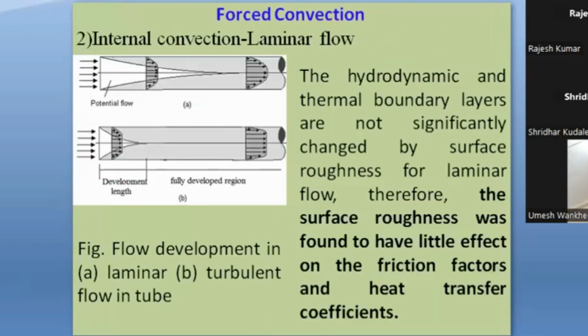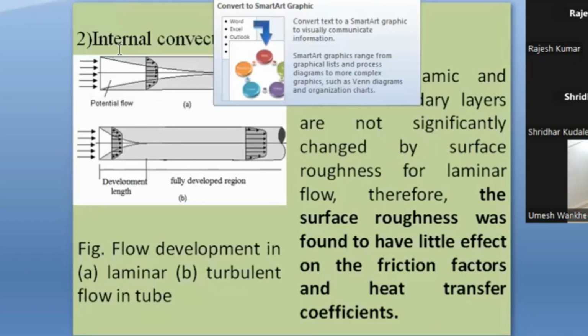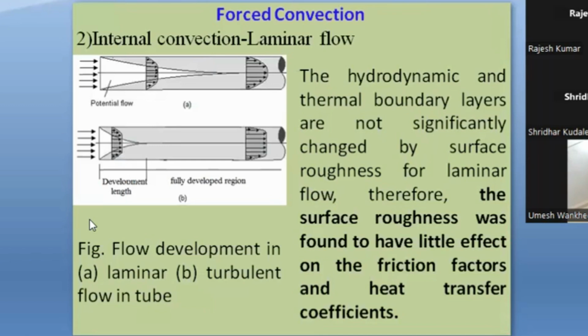Now, as I mentioned, wall roughness in laminar flow will not affect your friction factor, and it will not affect your heat transfer.